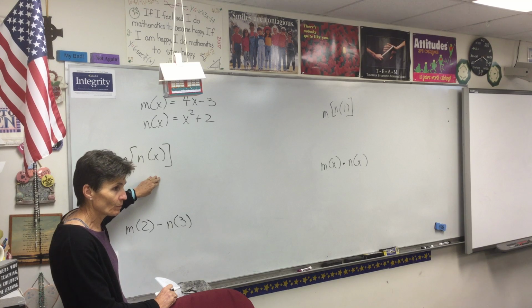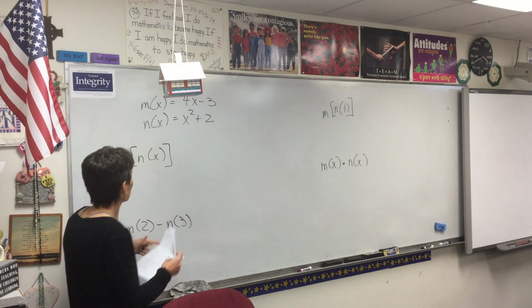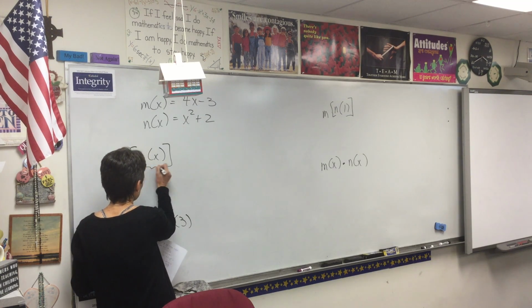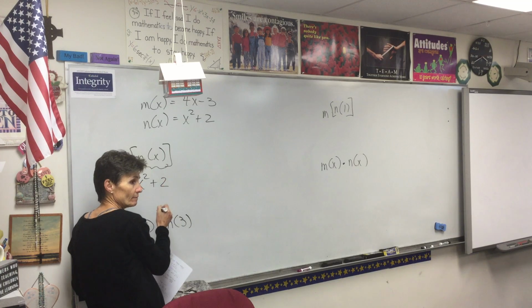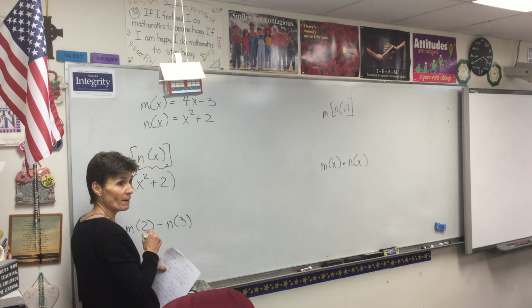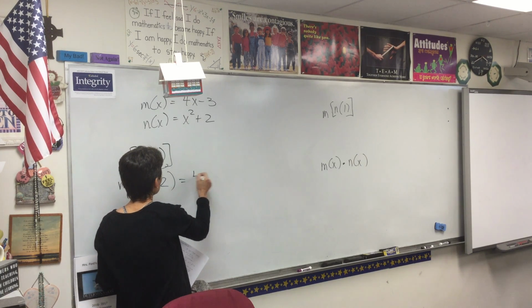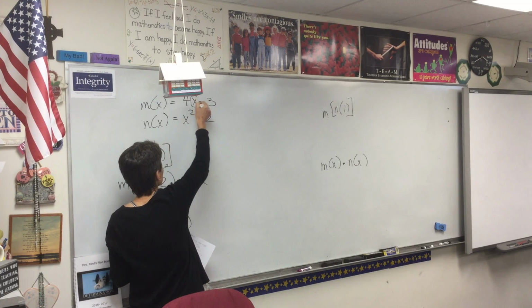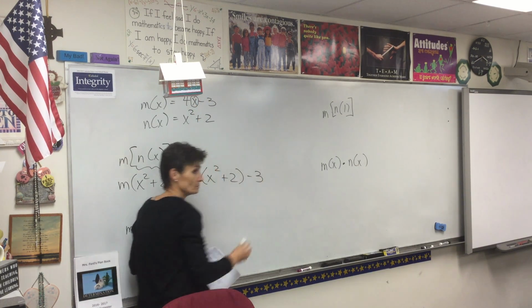Matthew, do you know what I do? Yeah, so I start with n of x right here. I figure out what that is. Well, n of x is x squared plus 2, right? So that gets plugged into m. So in the m function, every time I see an x, I put in x squared plus 2.